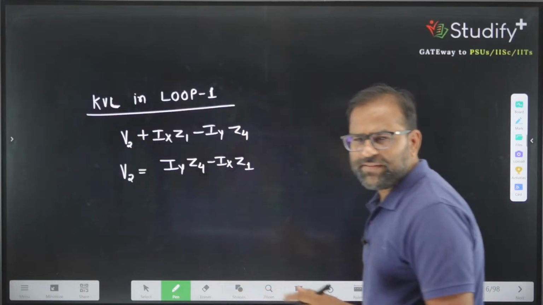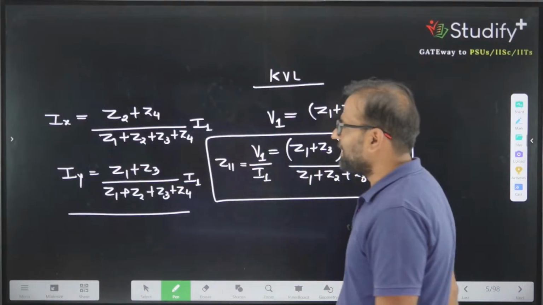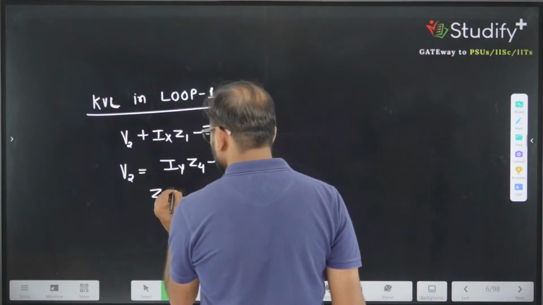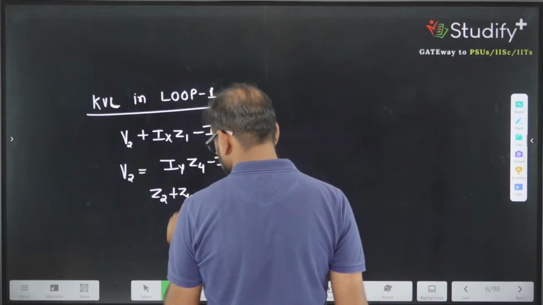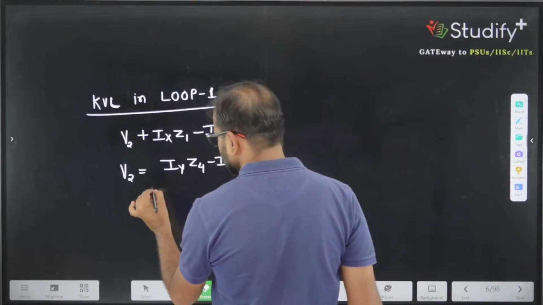The values of Iy and Ix are known. What is the value of Ix? The value of Ix is given here, Z2 plus Z4, and the value of Iy, Z1 plus Z3.